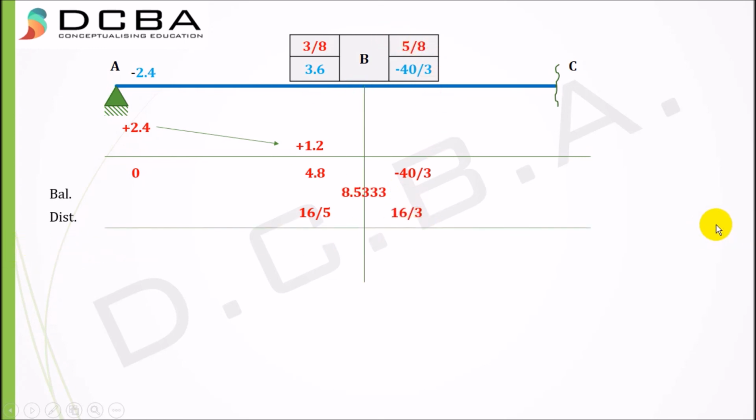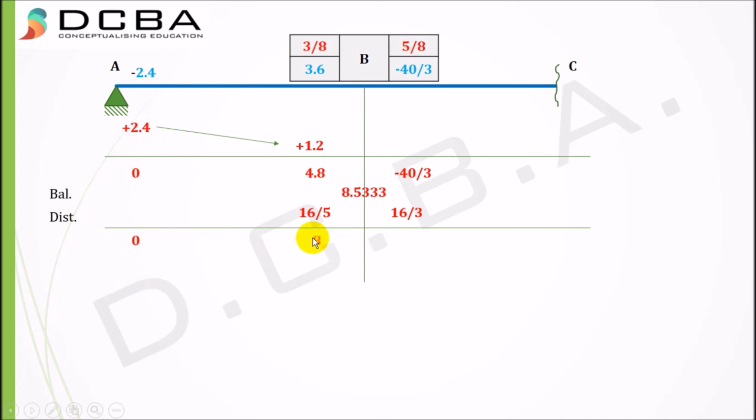We just add them up now because there is nothing that we can do further to this. We cannot carry this here because it is a hinge. We don't carry it on the hinge. We cannot carry it here because the structure has been terminated abruptly at the half, so there is no support to carry this particular moment as well. Therefore we need to terminate our moment distribution iterations, and then we sum it up.